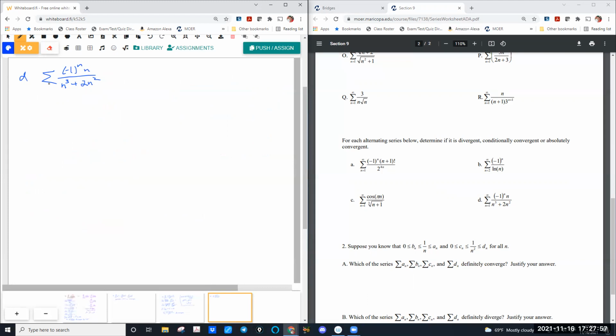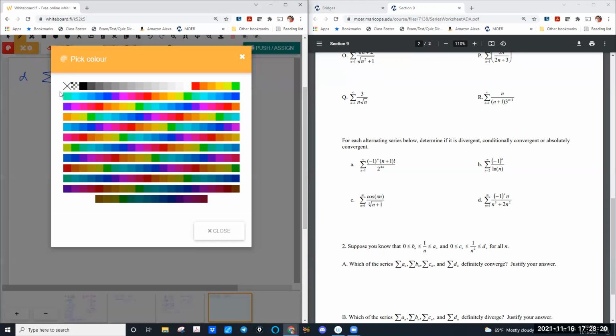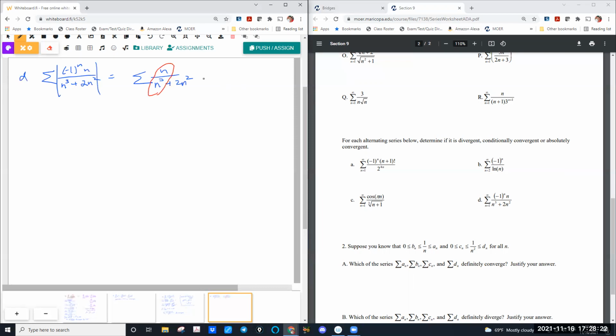So if I were to take the absolute value of this series, basically that drops off the alternating piece. And we end up with n over n cubed plus 2n squared. And like we were talking before, we take the lead terms and we use that to write a series we're going to compare it to.